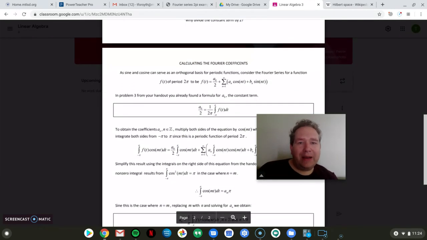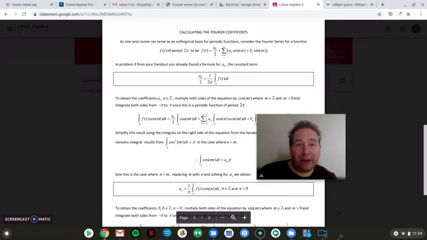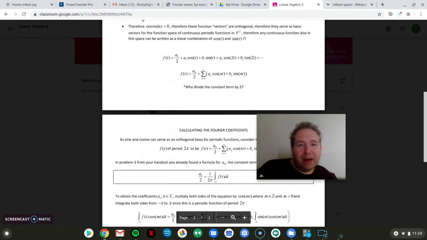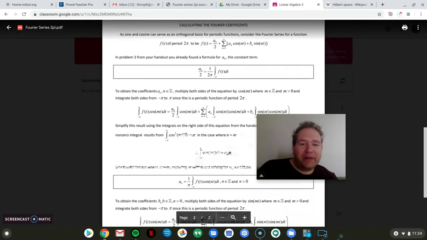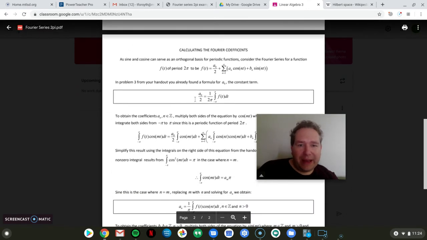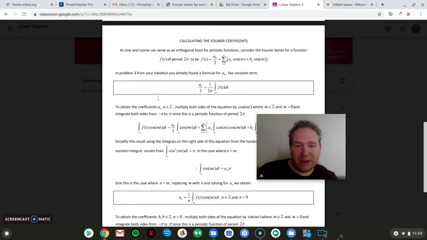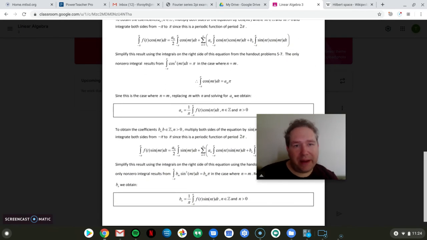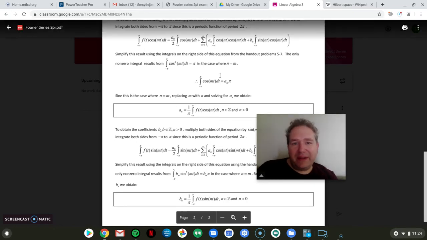And then, if you look through the second page, you have to calculate all of these coefficients. So you have to calculate the a naught coefficient. That was one of the integrals. I hope it made sense that I was having you look through the integrals here, like 5 to 7 leads you to this.